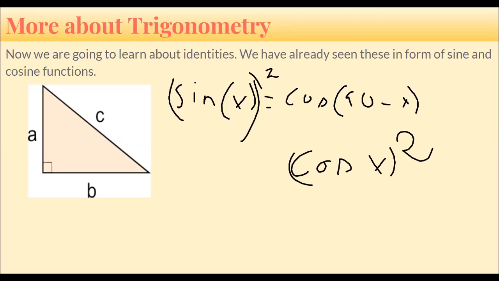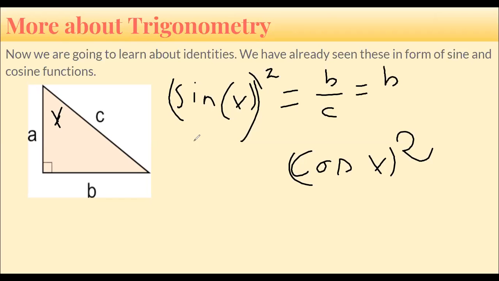Let's visualize this. Let's say this is x. Sine x is equal to b over c. And when you take the square, that's b squared over c squared.